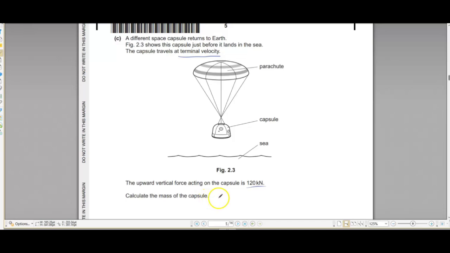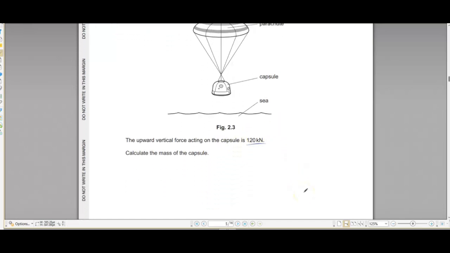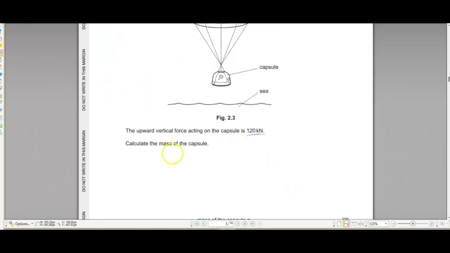Now we know that in order to find the mass, what we need is our formula F equals ma. So the force over here is 120,000 newtons. Mass, we don't know. And as it is moving at terminal velocity, the acceleration acting on it is going to be 9.8.